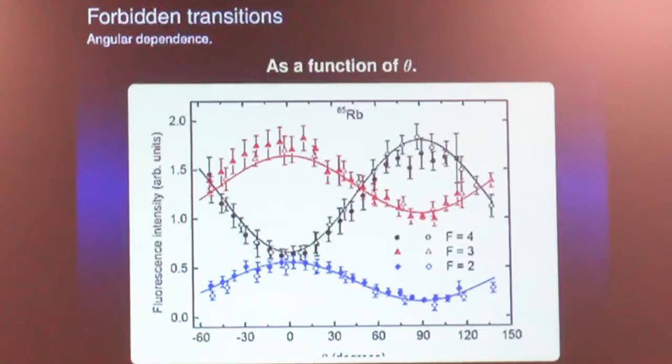Okay, we do the measurements as a function of the angle, and they follow essentially a cosine square distribution. Again, it's an electric quadrupole transition, but it follows a cosine square distribution. And so the three hyperfine components essentially follow. This is a single fitting result in the sense that we only fit the overall intensity of the three lines.